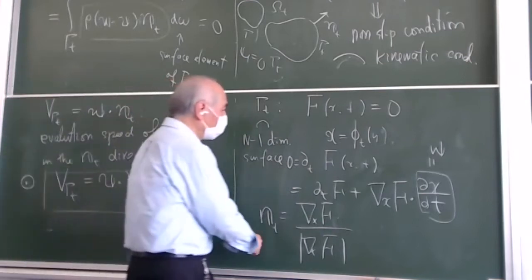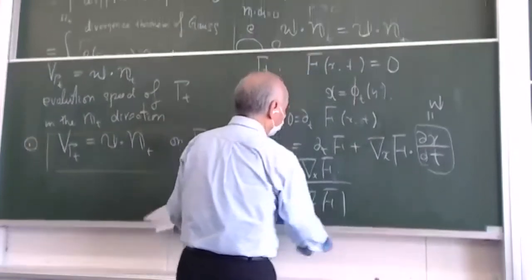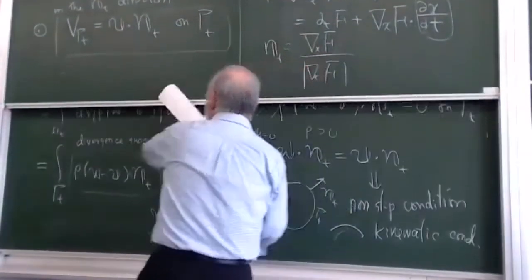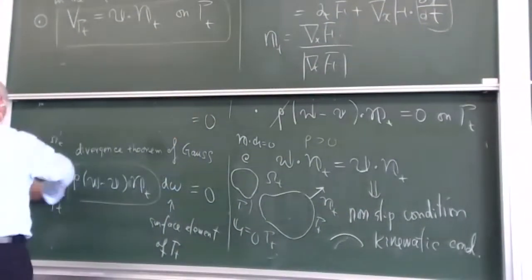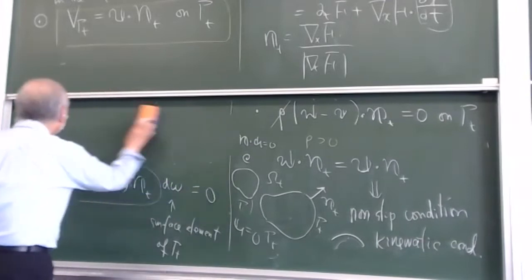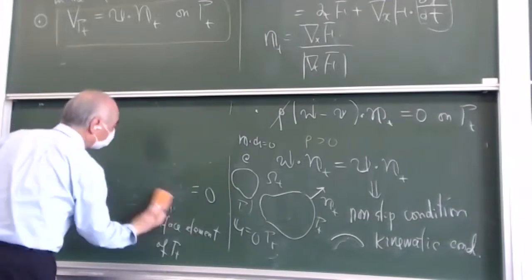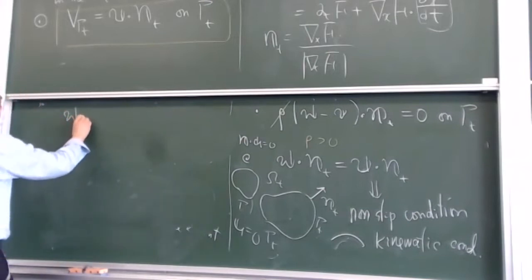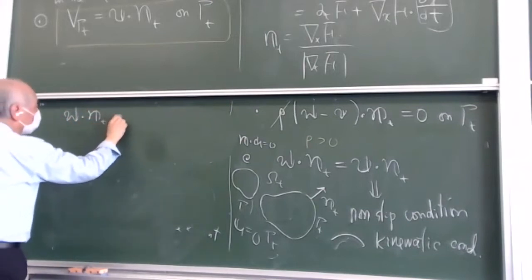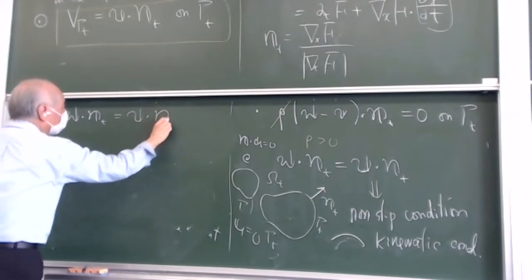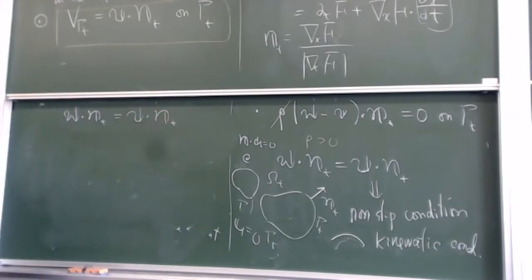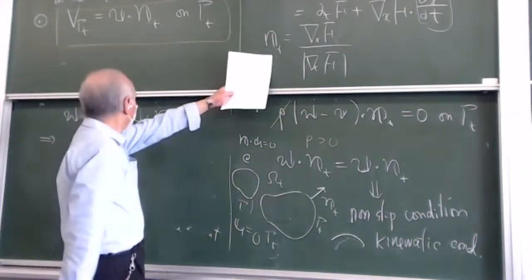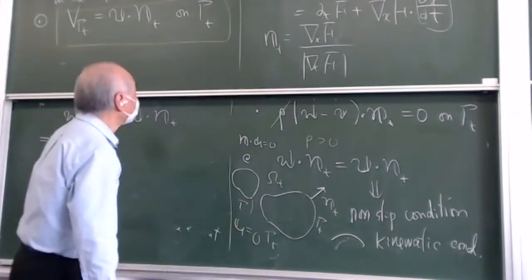Therefore, we know this. We assume this. Therefore, you just multiply this one.